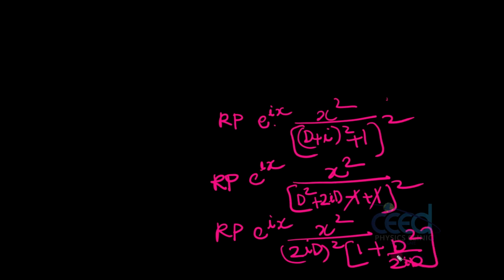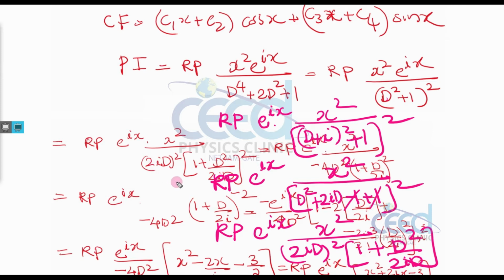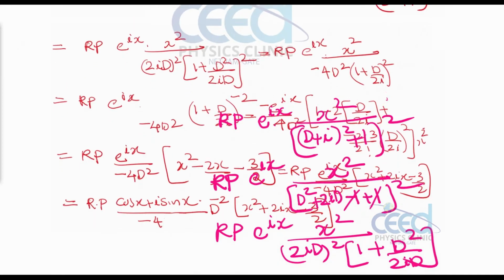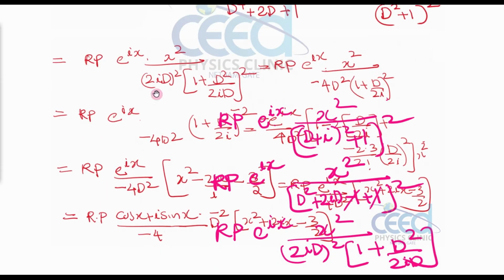This step I have shown there, so let me go to the main board and check. This step I have given here: real part of e raised to ix into x square divided by 2id square out, and 1 plus d square by 2id.